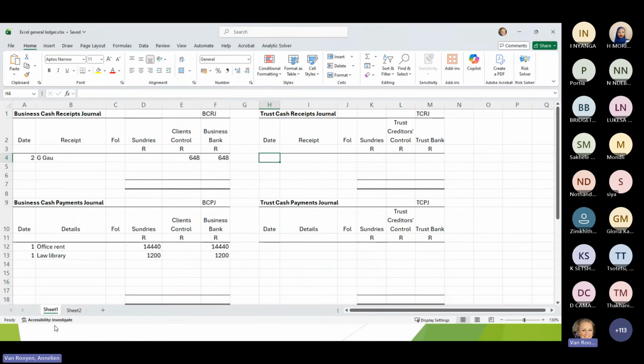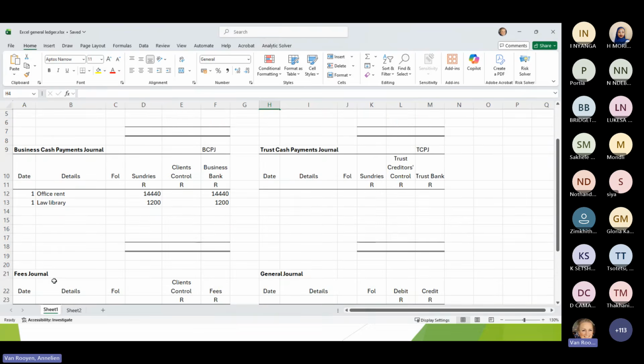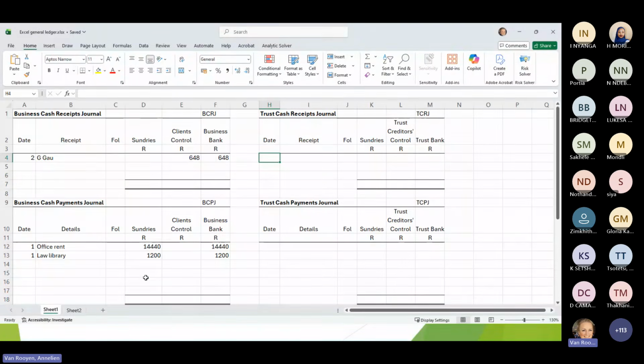We haven't invoiced him for anything. As soon as we invoice him for that divorce case, it will go into the fees journal. But this is just him paying us a deposit so that we can proceed with this divorce case. Is that clear? Yes. Okay.